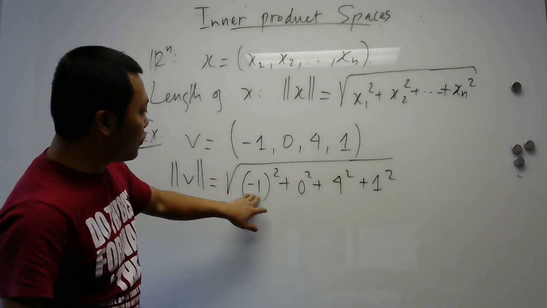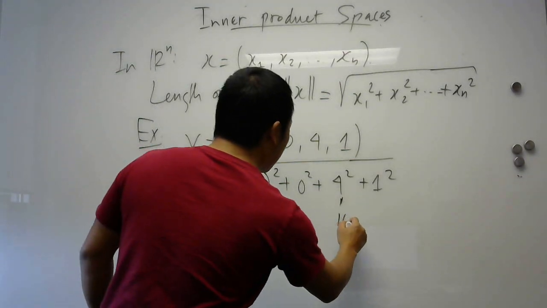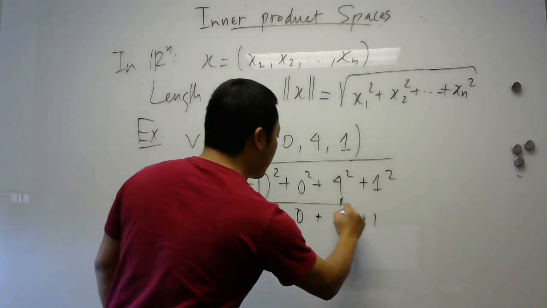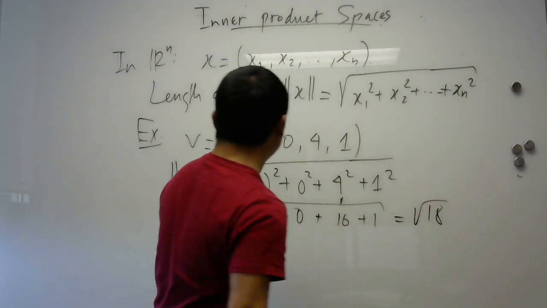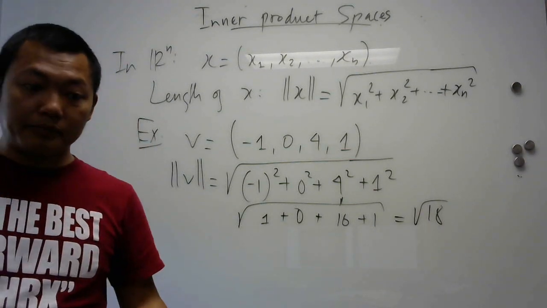Simplify this: this is 1, this is 0, 4 squared is 16, and this is 1, and then I take the square root. Overall, I have the square root of 18. So that is the length of v, or that is the distance from v to 0.